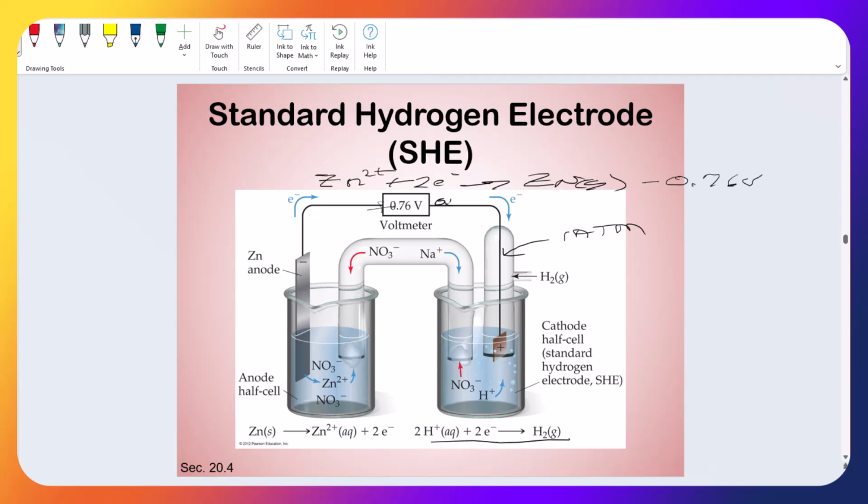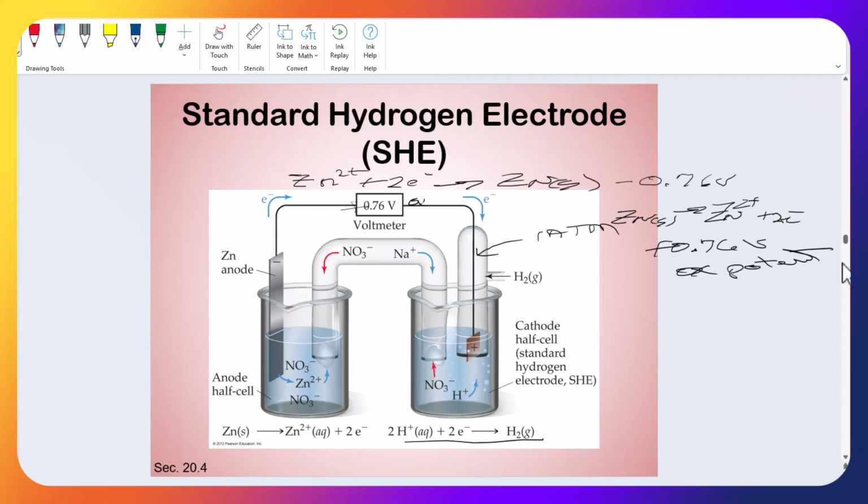All we do, if we reverse the oxidation to a reduction reaction, we change the sign. Or if we reverse the reduction reaction, we change the sign. So zinc metal going to zinc 2 plus, which is what is happening here, has a 0.76 volt positive oxidation potential.